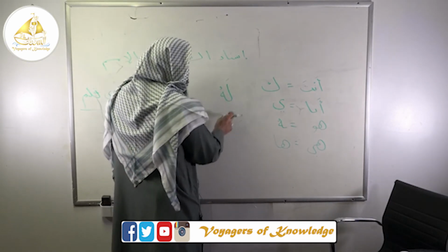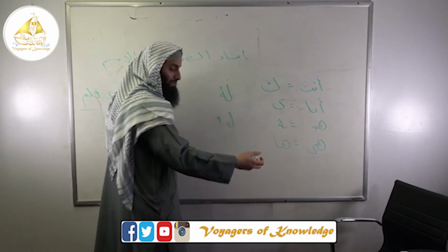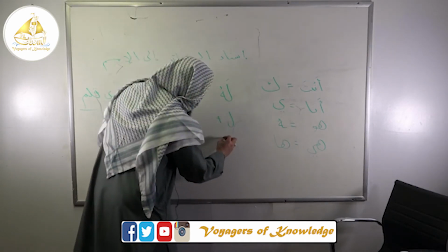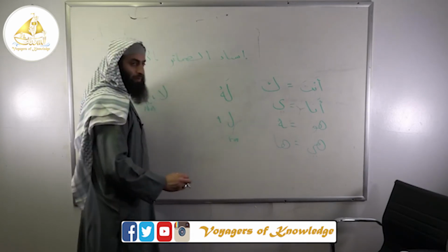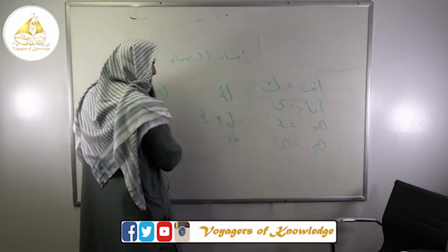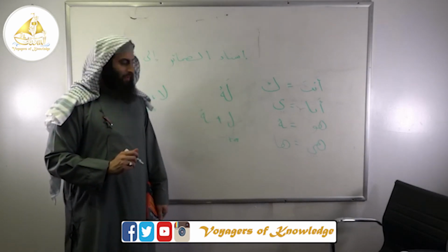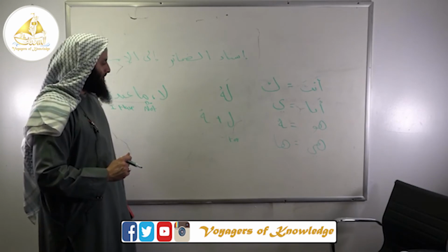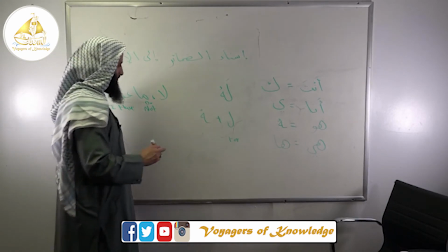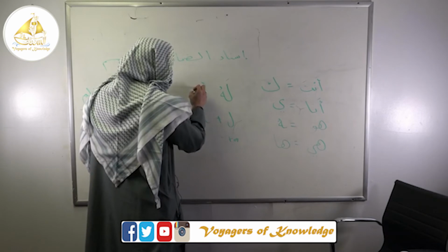له, this lam is a harf jar that is added to mean for. Okay? And then this hu is the dhamir for his. And then it becomes lahu at the top. Now, lahu akhun.